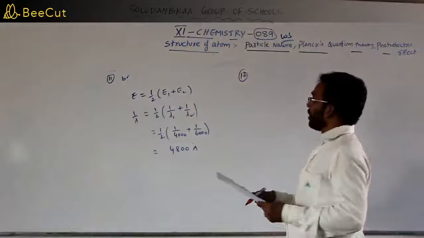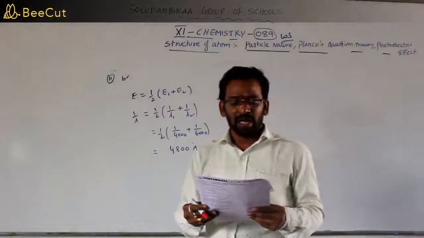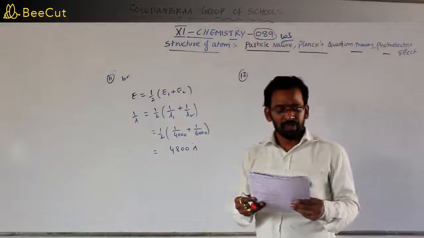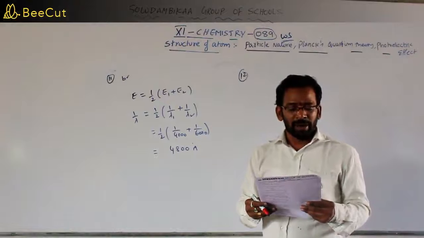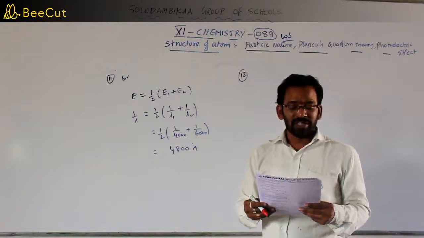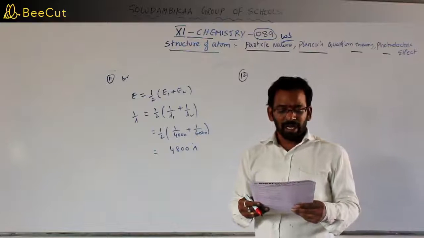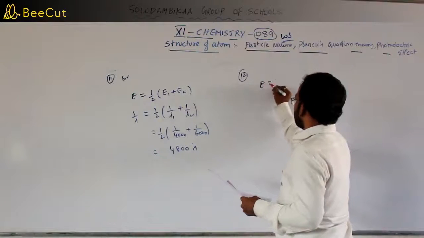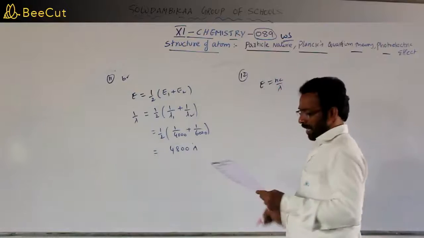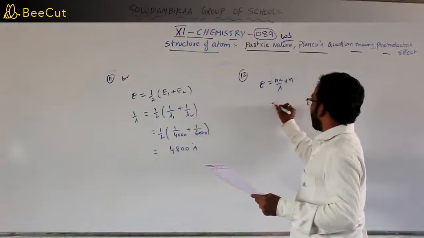Next, question number 12. Bond dissociation energy of Br2 is given as 200 kilojoule per mole. The longest wavelength of photon that can break this bond would be. So Na hc is given as 0.12 joules. Now the question is based on bond dissociation energy, which is nothing but E equal to hc by lambda into N, Avogadro's number.